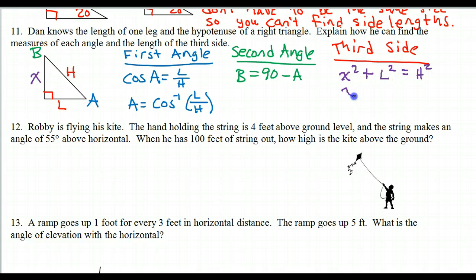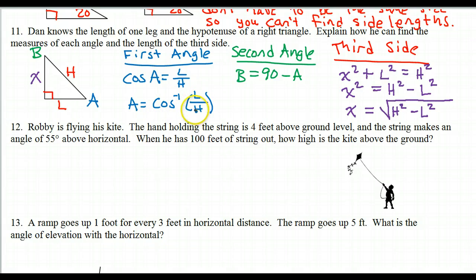Subtracting the L squared, that would mean x squared is equal to H squared minus L squared. Then taking the square root of both sides, this third side x would be the square root of H squared minus L squared.